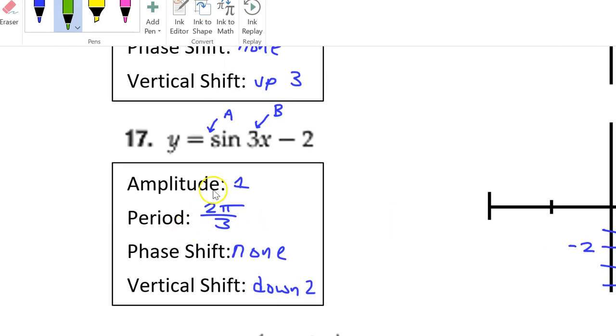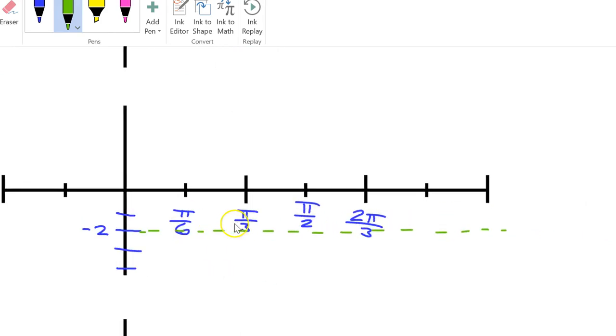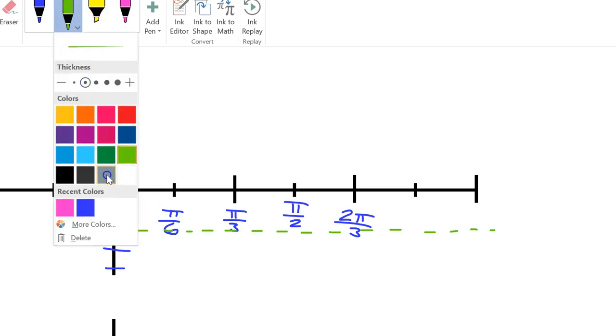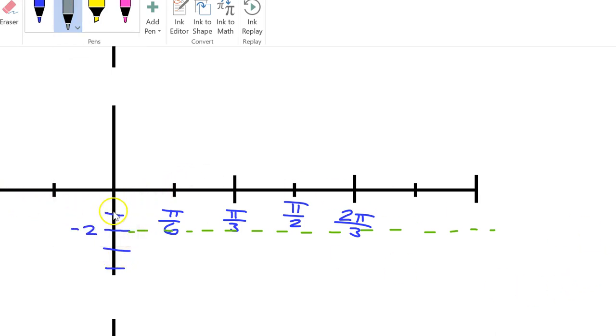Now the amplitude is 1. So that means it's going to be up 1 and down 1 from here. I'm going to go ahead and draw that as well. If I go up 1, that would be right here.